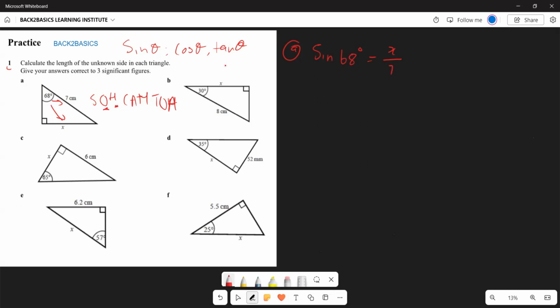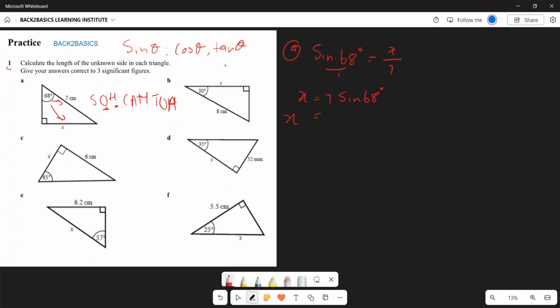So for you to find the value of x, you are going to cross multiply. Remember, this is the same as over 1. So x multiplied by 1 gives you x, and sine of 68 degrees multiplied by 7. Therefore, what is your answer? Let's use our calculator.